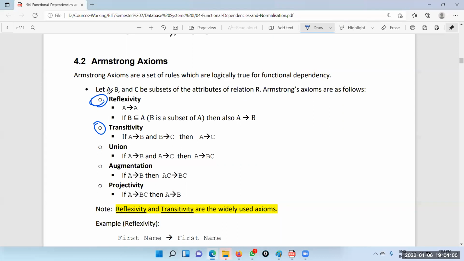Then the more interesting one. Though it's obvious, you have to appreciate it and accept it, or reject it by arguing, but I don't see any reason why you could reject this. The second one is transitivity: if A determines B and B determines C, we can say that A determines C. For example, when the university knows your registration number, they know your course.